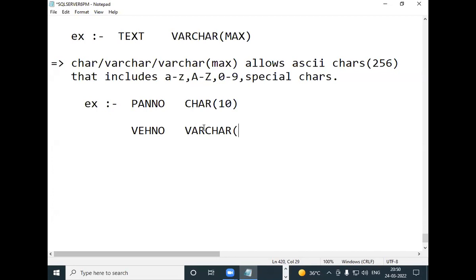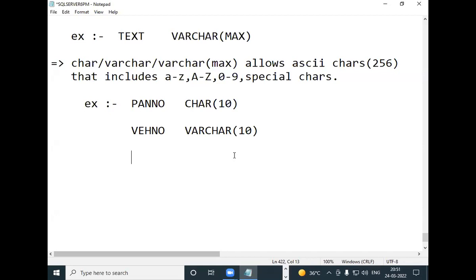How many characters does a vehicle number contain? Let's take TS08ZZ1234. Total how many characters? 10, no? So varchar of 10. All these are examples for variable length.